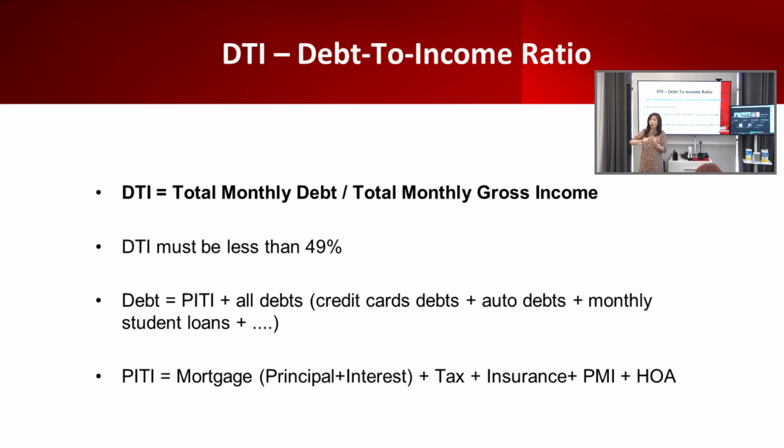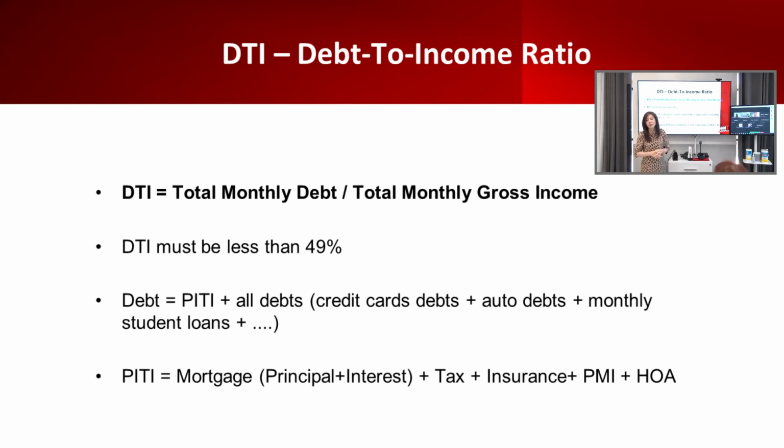If somebody owns a home or condo where the complex asks for a homeowner association fee, they also have to pay for it. Anything that you have to pay for your house, including homeowner association, mortgage insurance, home insurance, property tax, and principal and interest, that's called PITI. That many things is called PITI, okay?